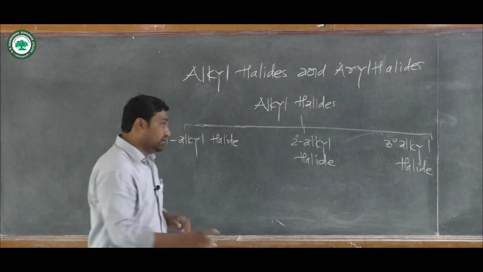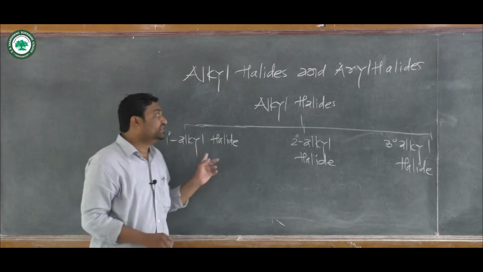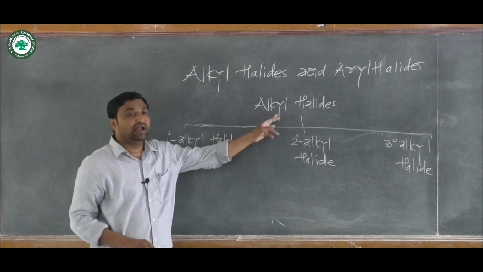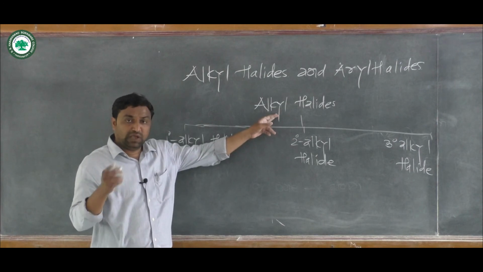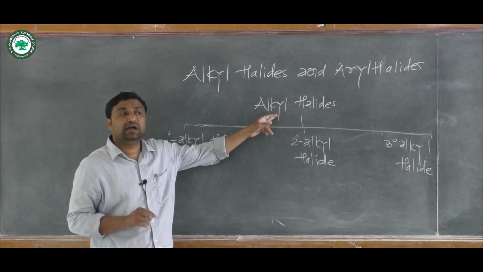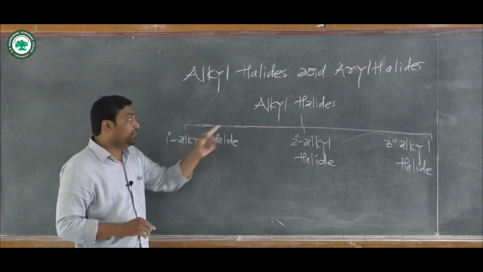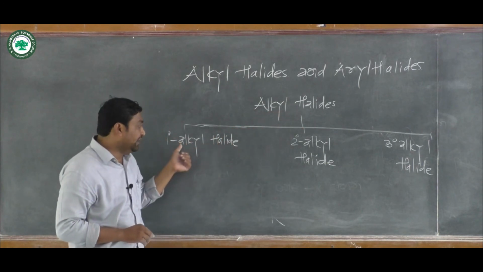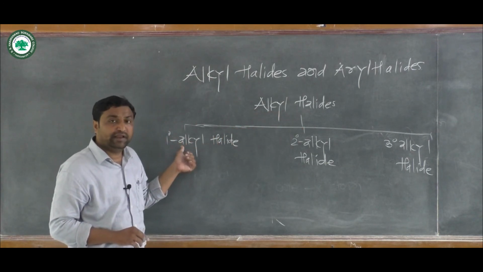Now we have to see the types of alkyl halides. For that purpose, we have already studied what is meant by primary carbon atom, secondary carbon atom and tertiary carbon atom. The first type of alkyl halides is primary alkyl halide.